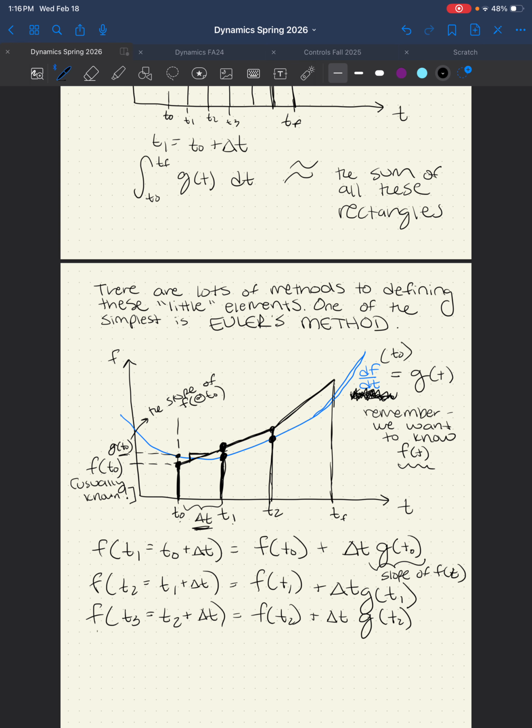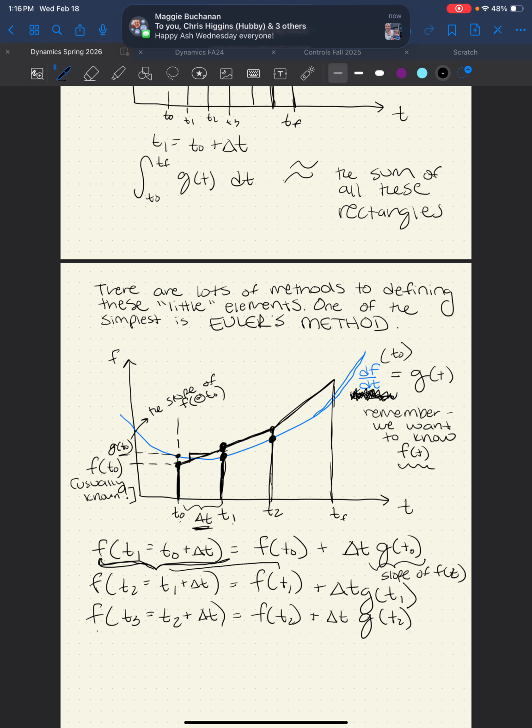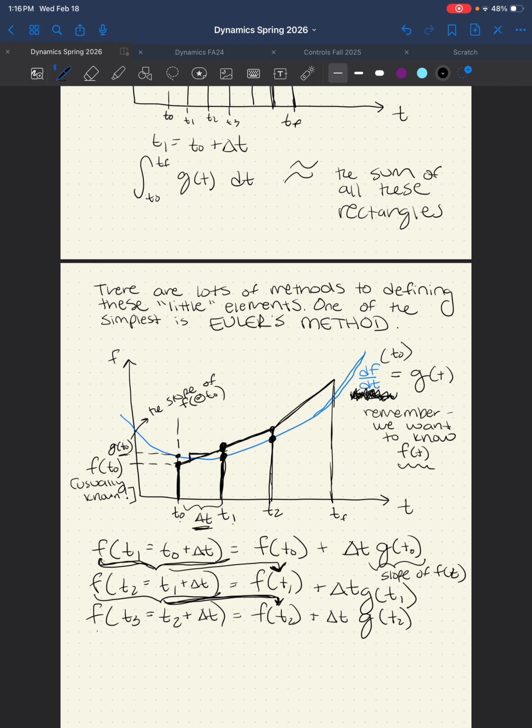All right? So recognize that the output of this first line becomes what gets plugged in here on the next line. Similarly, the output of this second line goes here for the third line. Okay, so this is a repetitive, iterative process.